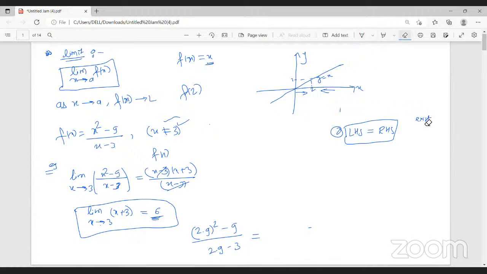So here, in the second point, LHS equals RHS. On the right hand side, if we put the value 3.1, then we calculate like that.